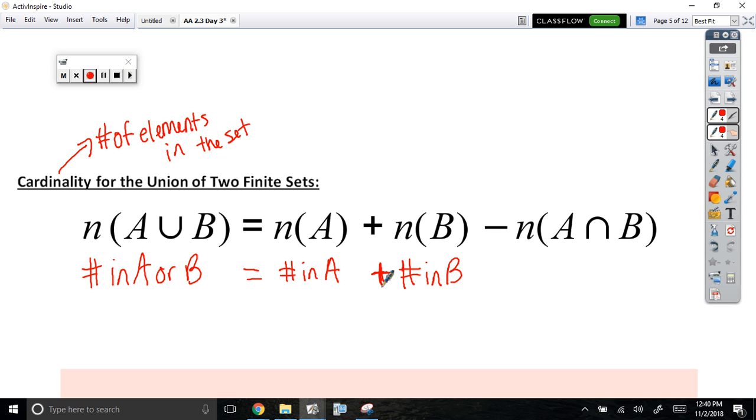You counted the common elements in A and you counted them in B. So you have to subtract the number that are common in both. Whoops. I can spell.